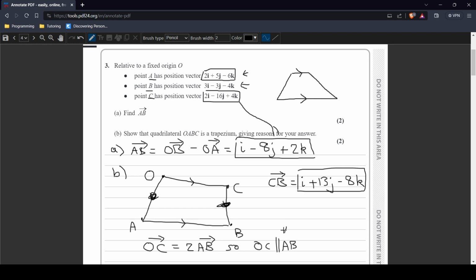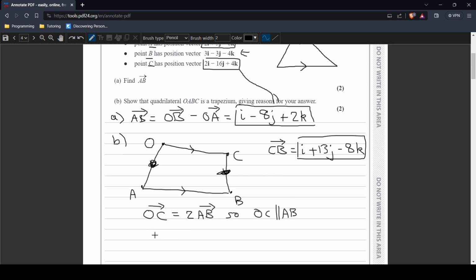So this symbol, I'm just saying OC is parallel to AB, and then we should also say that OA is not parallel to CB. Therefore, the quadrilateral is a trapezium.